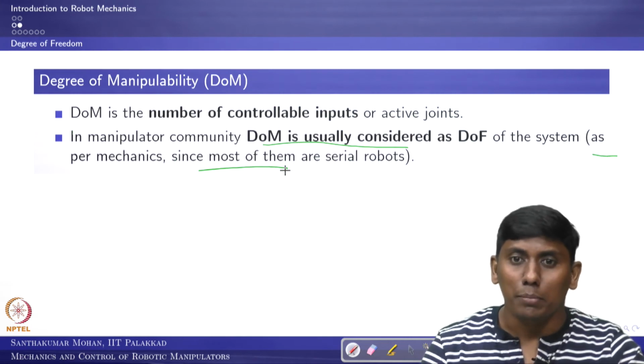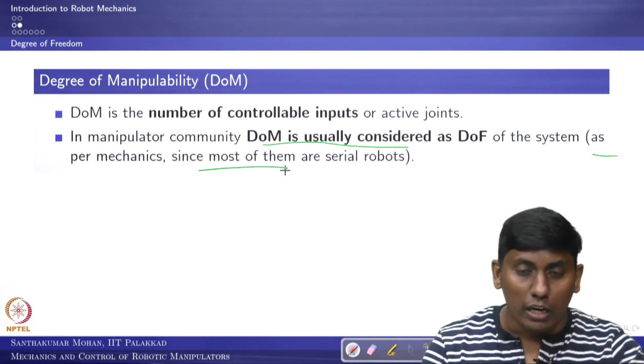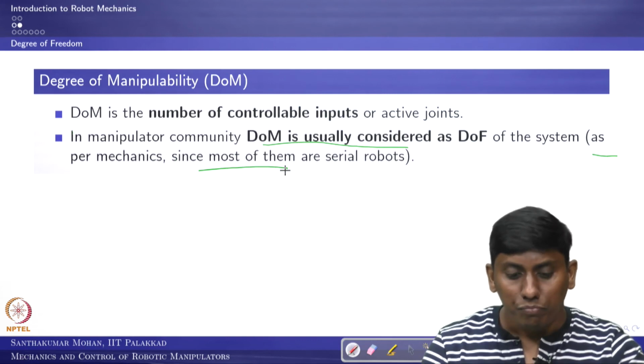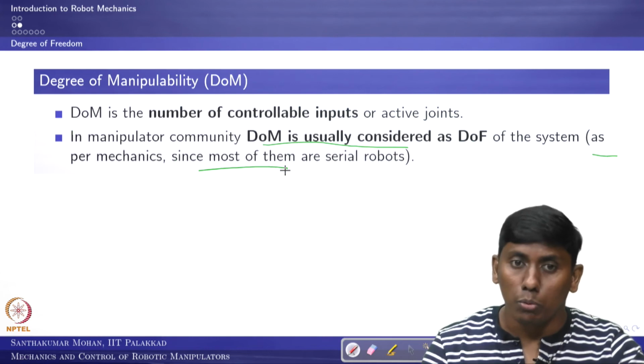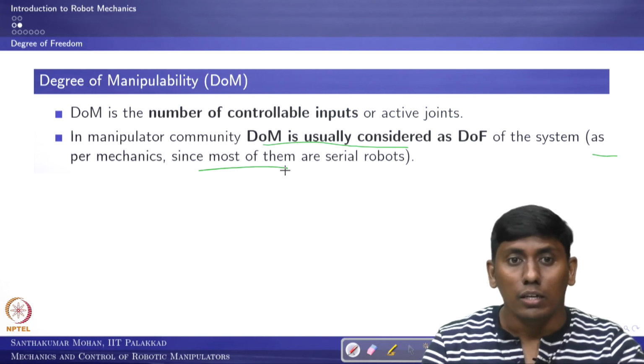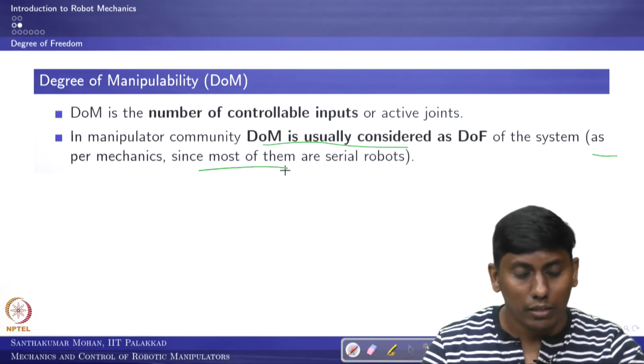We need to describe it in space with only 6 variables, right? But you have 7 inputs, in the sense it is redundant. Further on, we will classify robots as holonomic robots, redundant robots, and under-actuated or non-holonomic robots and all, but that is not the scope of this particular content.